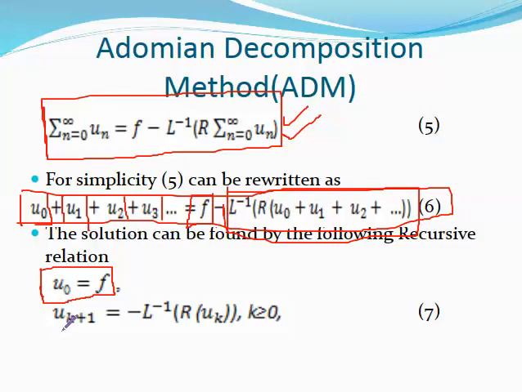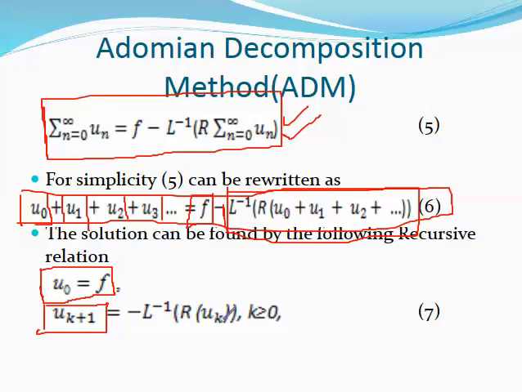So u naught is exactly the dummy function, and all the further terms are denoted by uk plus 1, where k is greater than or equal to 0, is equal to L inverse of this remainder term. Once we substitute k equal to 0, it gives you u1, and on the right side of this equation it will be u naught.